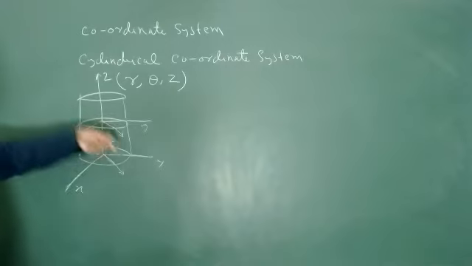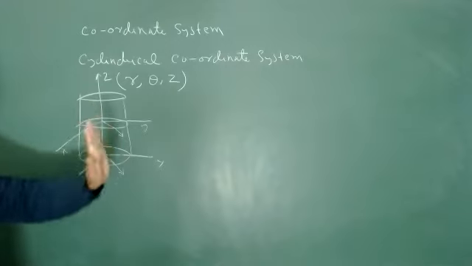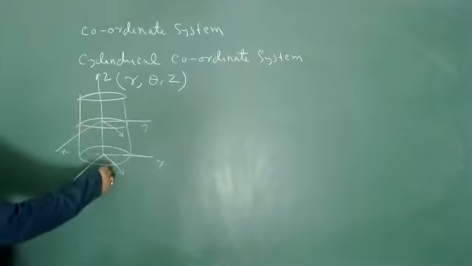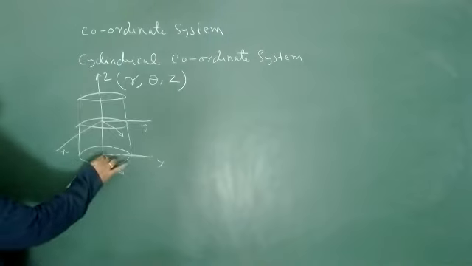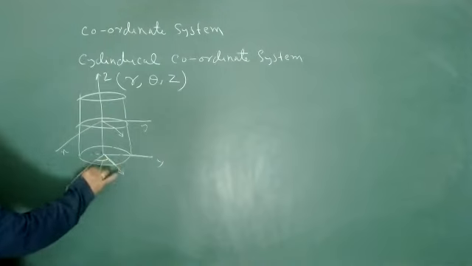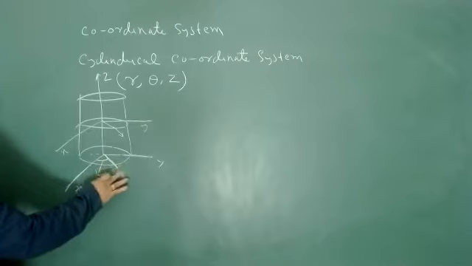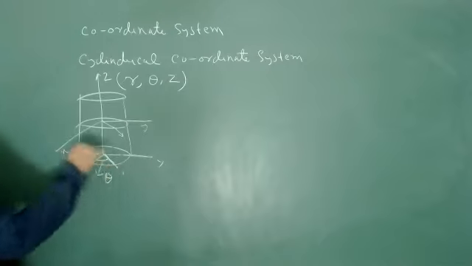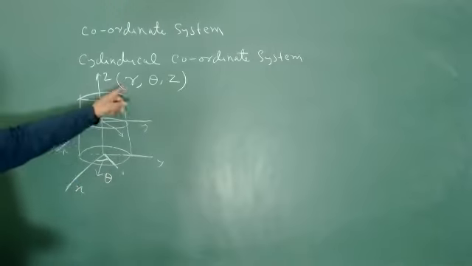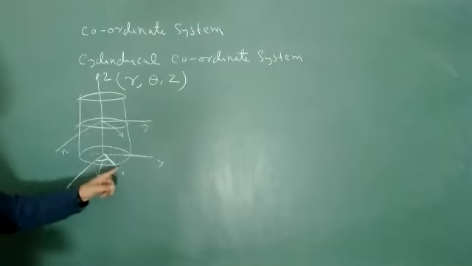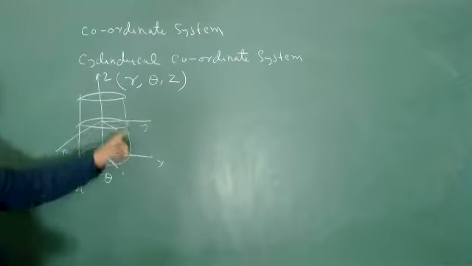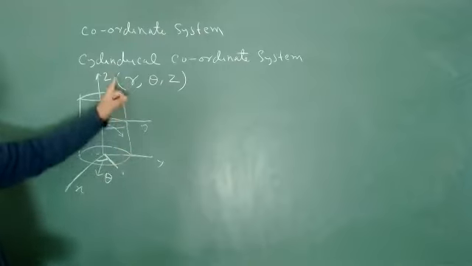This is the radius, measured from the z-axis. And the angle this r makes with the x-axis is theta in general. This distance is your r, and this angle with the x-axis is theta. So we have r, theta, and one particular distance in the z direction, which is z.